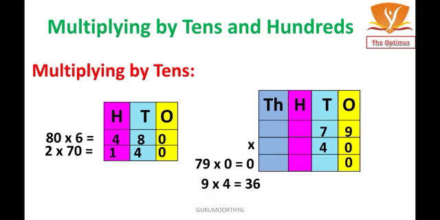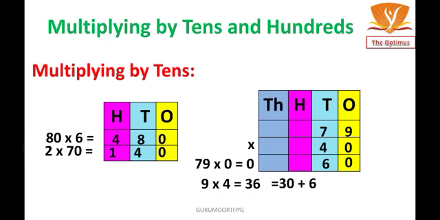It becomes 36 tens. In this 36 tens, I am going to split 30 tens plus 6 tens. In this 6 tens, 6 I am going to write in tens place. 30 tens is carried out to hundreds place. 30 tens is nothing but 300.